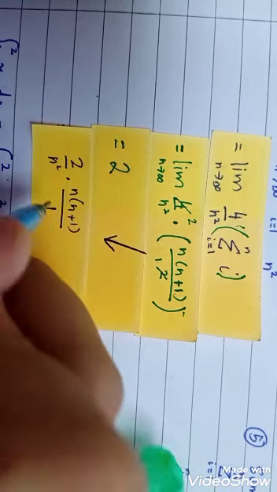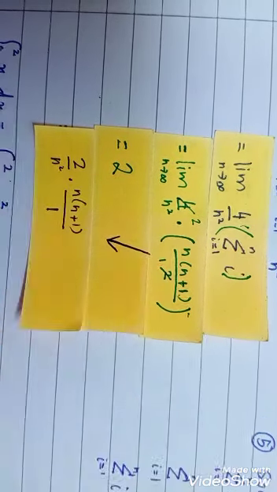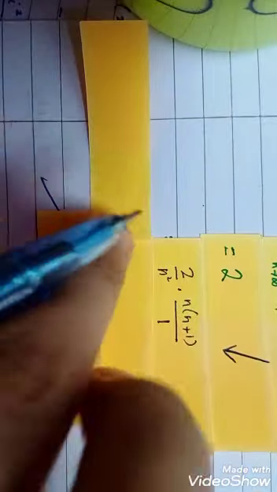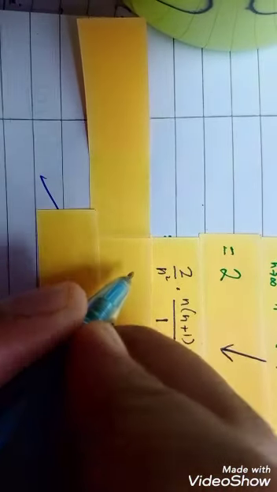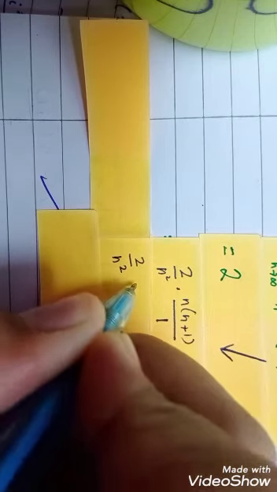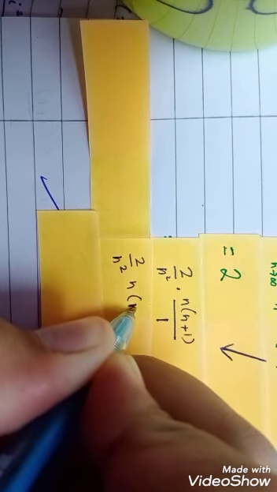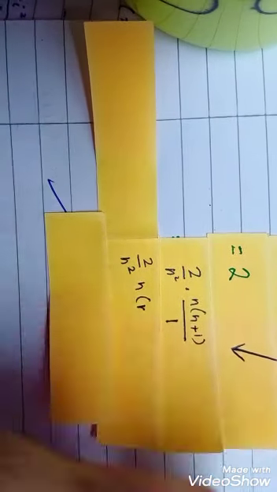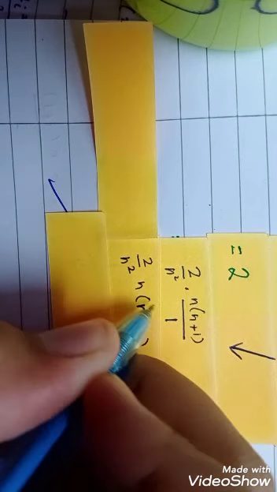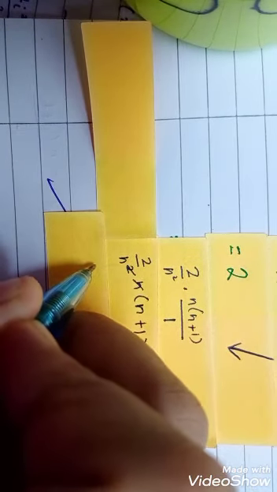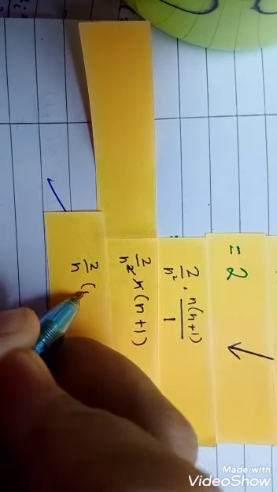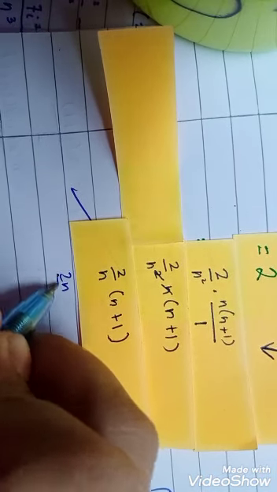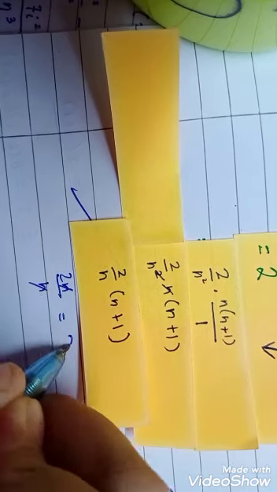Over 1, just ignore the over 1 and you can continue. Then 2 over n times (n plus 1) means that 2n over n, so 2.